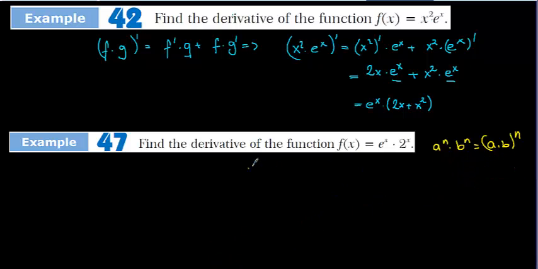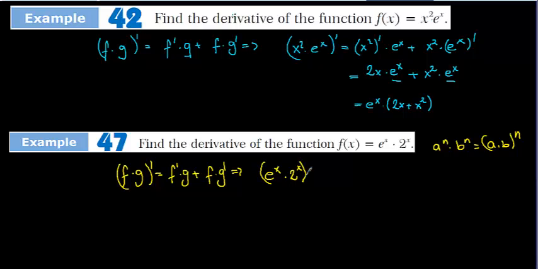Which is here, f times g derivative is going to be equal to f derivative times g plus f times g derivative. So e to the power of x times 2 to the power of x derivative is going to be equal to e to the power of x derivative times 2 to the power of x plus e to the power of x times 2 to the power of x derivative.